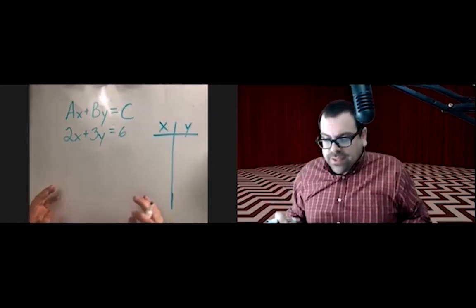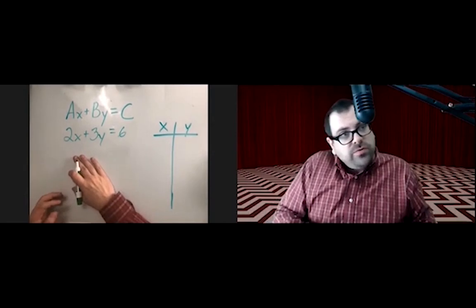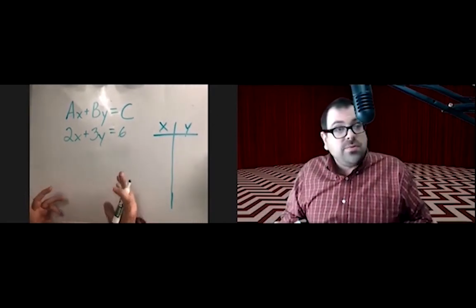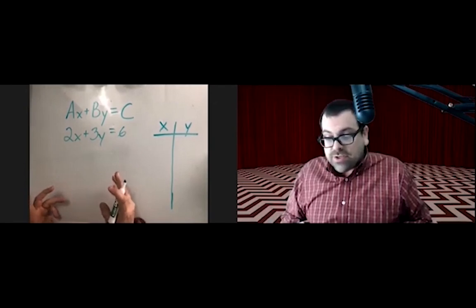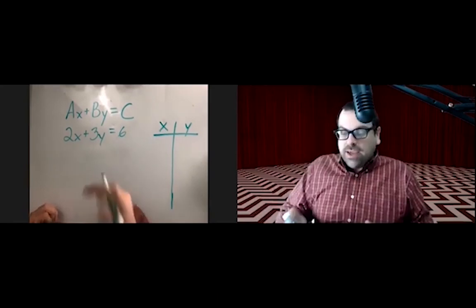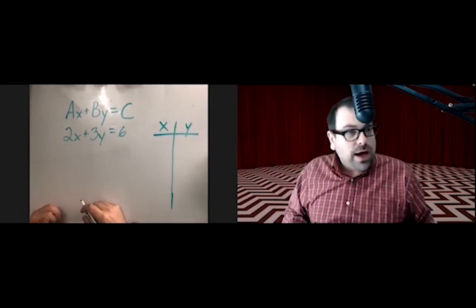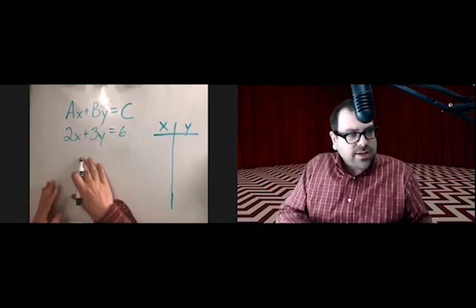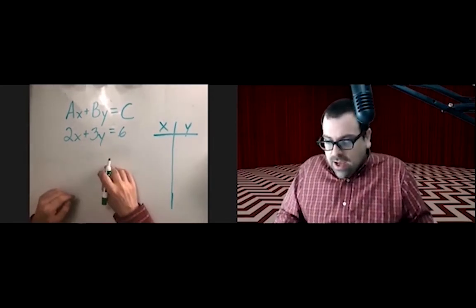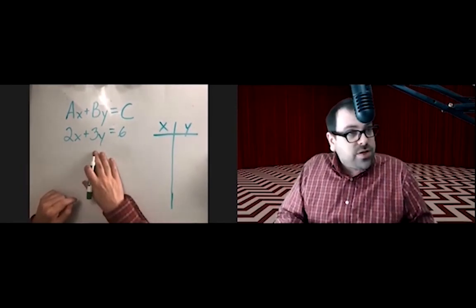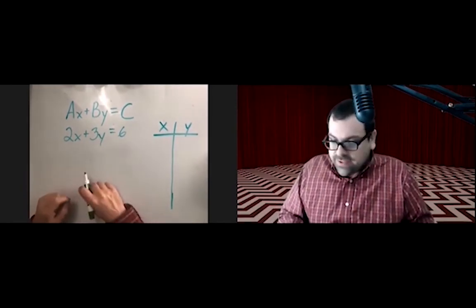In order to do this, we should solve for one of these variables. You're going to see throughout the course of this lecture, it's going to be useful for other forms if we get used to solving for y. So we're not plugging 0 in for x or anything like that yet. Like we did last time, we're just going to solve this equation for y in terms of x.